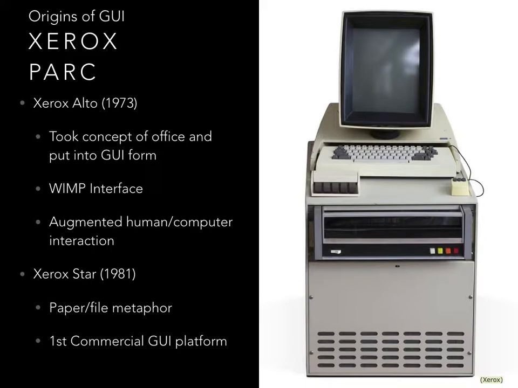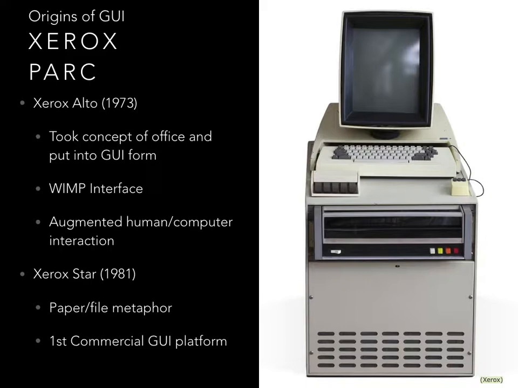And one of the developments that came out of Xerox PARC was the Xerox Alto in 1973. It took the concept of a modern office in the 70s with desktops and file systems and file folders, and put it into a graphical format for users to use.